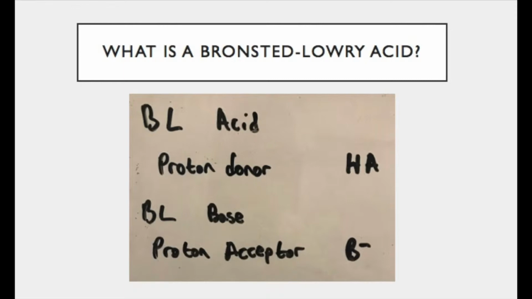Typically, we see the generic form of writing a Bronsted-Lowry acid as HA, and the generic form of writing a Bronsted-Lowry base as B minus. So the definitions are very simple and very straightforward. An acid is simply a proton donor, so it will typically have an H in front of it or next to it that it can donate, and a base is just really anything with a negative charge that can accept a proton.